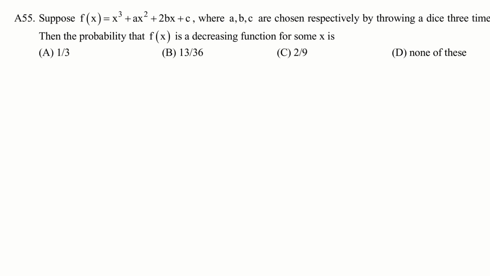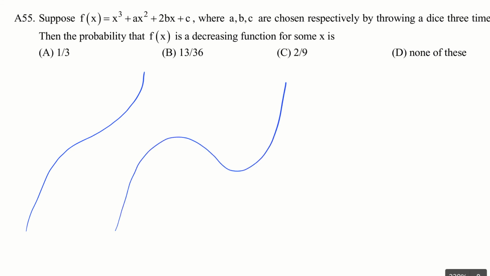Now in this problem, we know the graph of f of x. The graph of f of x is either like this, because the leading coefficient is positive, or it is like this. Now he is asking f of x should be decreasing for some x, which means at some point it should be decreasing. So this is not allowed, this going on increasing is not allowed.